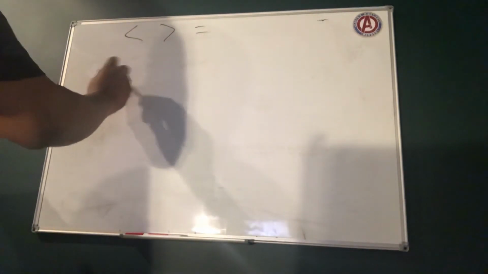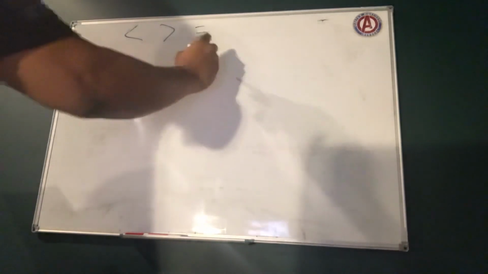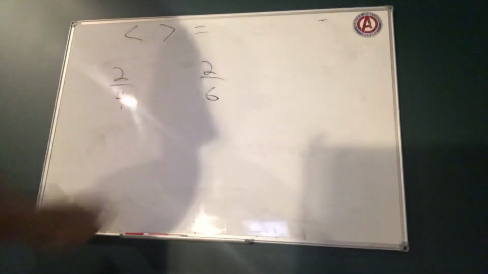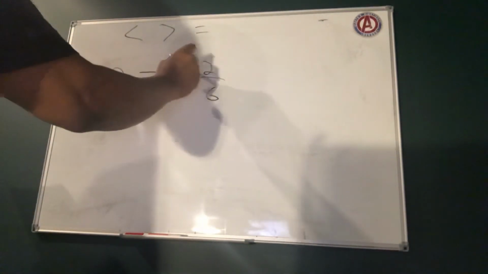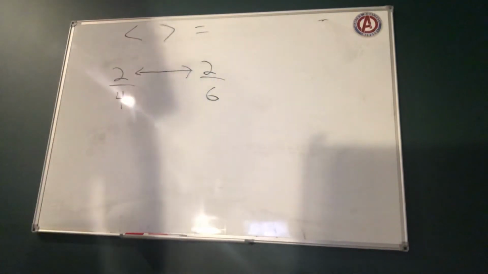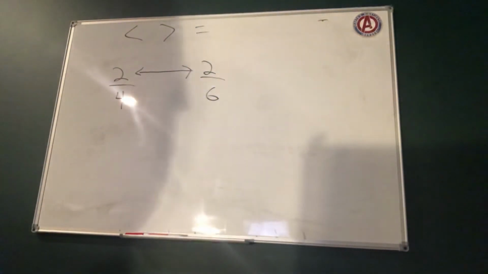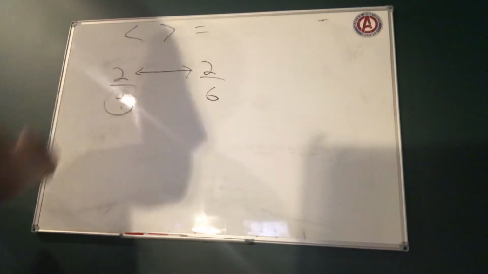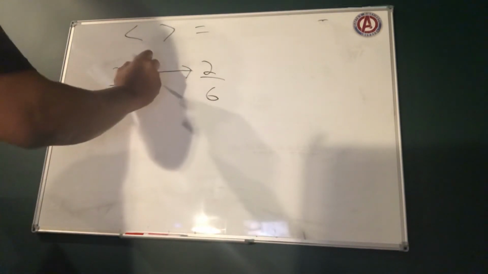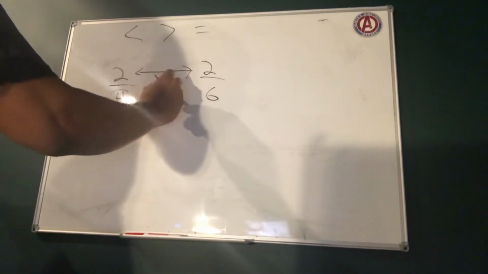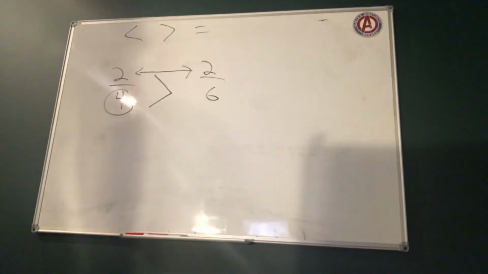So we have 2/4, and we're going to be comparing it to 2/6. Now notice we have the same numerator. Remember when the numerators are the same, whichever denominator is smaller is the larger fraction. So 2/4 is the larger fraction, so Pac-Man is going to eat the 2/4.